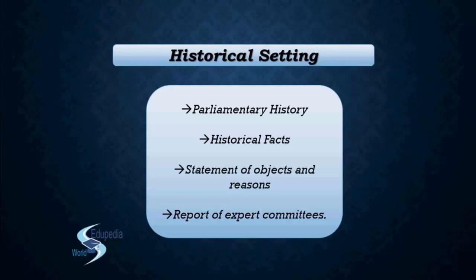Then we have the statement of object and reasons. Do you know what a statement of object and reasons is? Whenever anybody is trying to pass a bill, the mover of the bill has to include along with the bill a statement, and that statement will contain the object of the bill and the reason why that bill needs to be passed as an act.